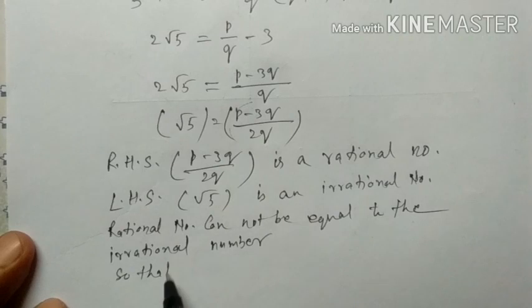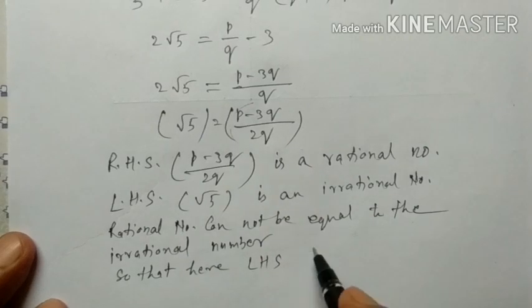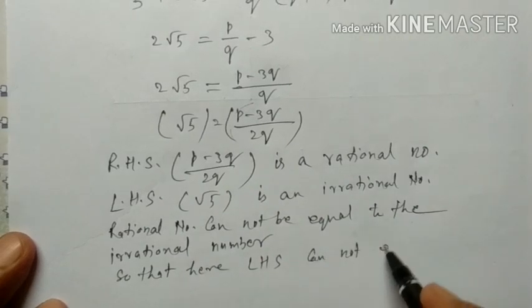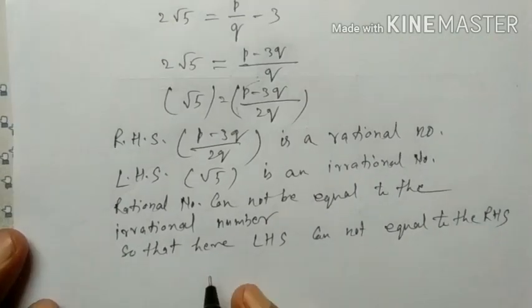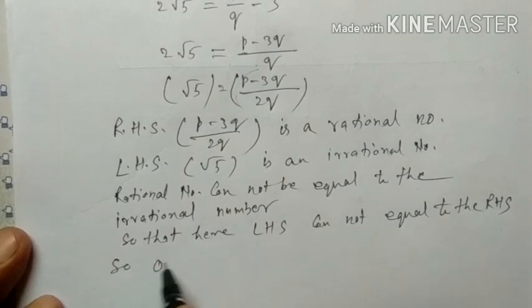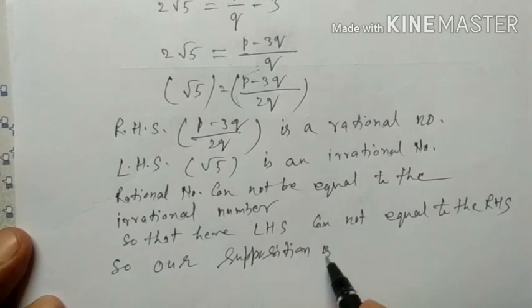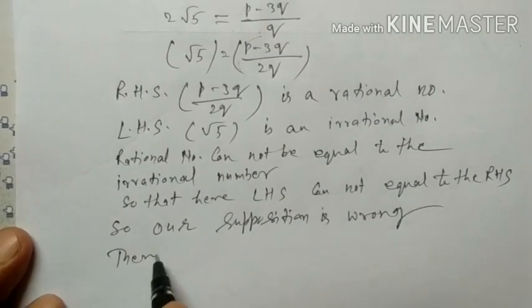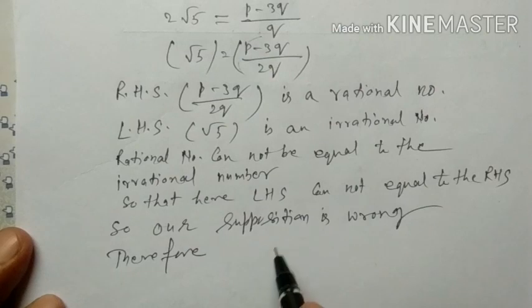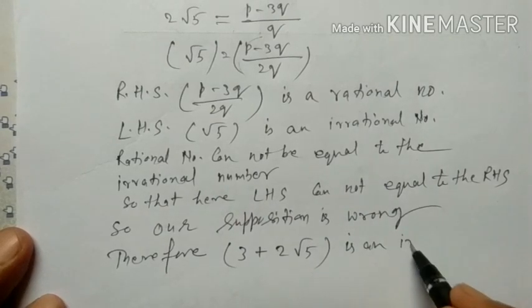So our supposition is wrong. Therefore, 3 plus 2 root 5 is an irrational number.